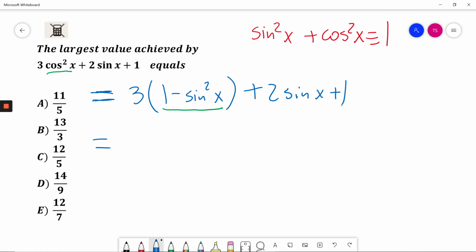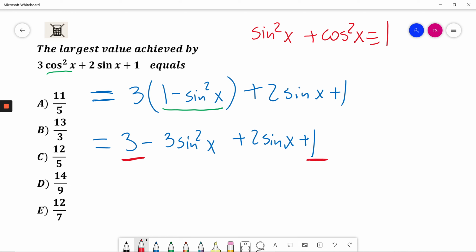At this moment I multiply the bracket. 3 times 1 is 3 minus 3 sine squared x. I will simplify 3 plus 1, like terms.